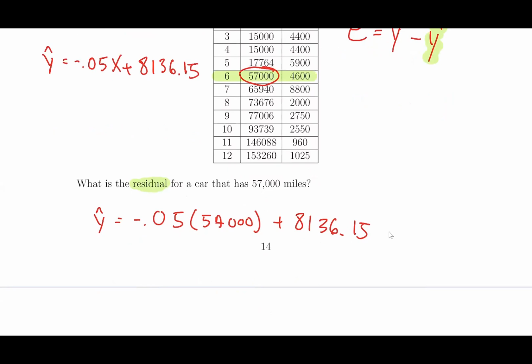I'll do negative 0.05 multiplied by 57,000, added to 8136.15.